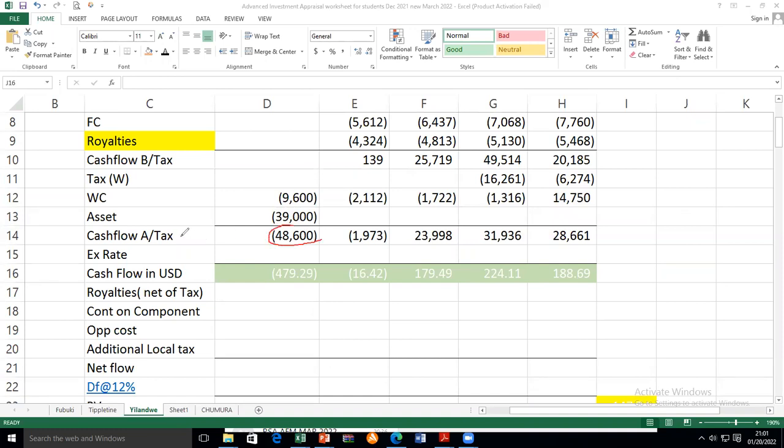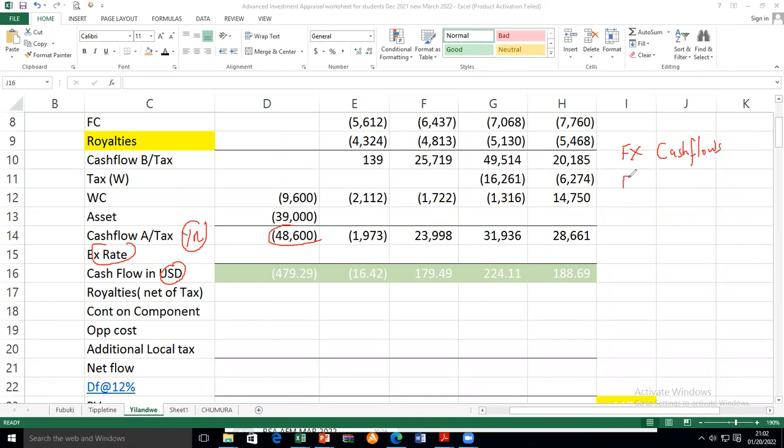Remember, all this money is in what? Is in Y rand. So we convert this money to USD. So the treatment of foreign cash flows that is recommended for your paper, foreign currency cash flows, is to estimate the forward rates.